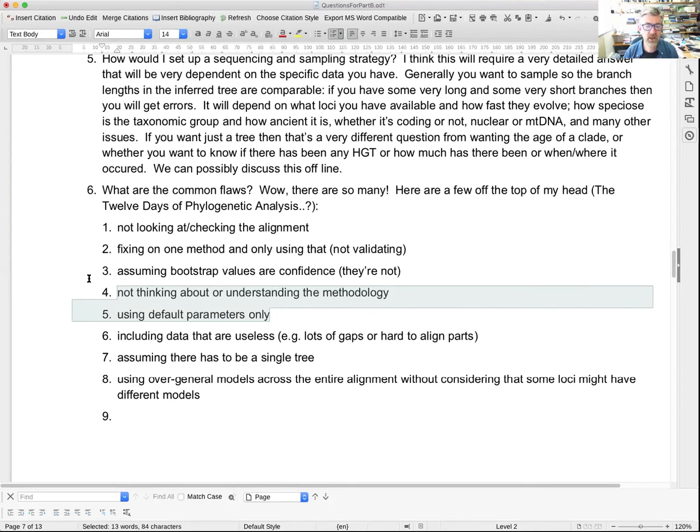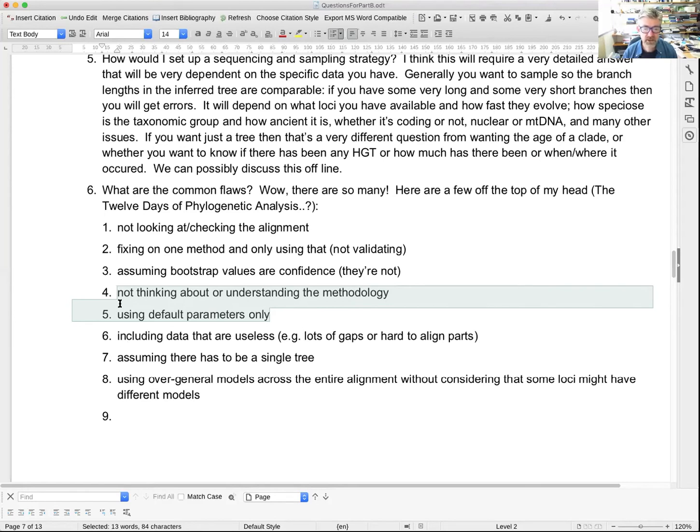It doesn't require a huge, deep understanding, but you should probably know what these methods do. Like parsimony minimizes the total number of character state changes. Likelihood needs a probabilistic model, is statistically defensible, and roughly how they're working. It shouldn't be a black box.